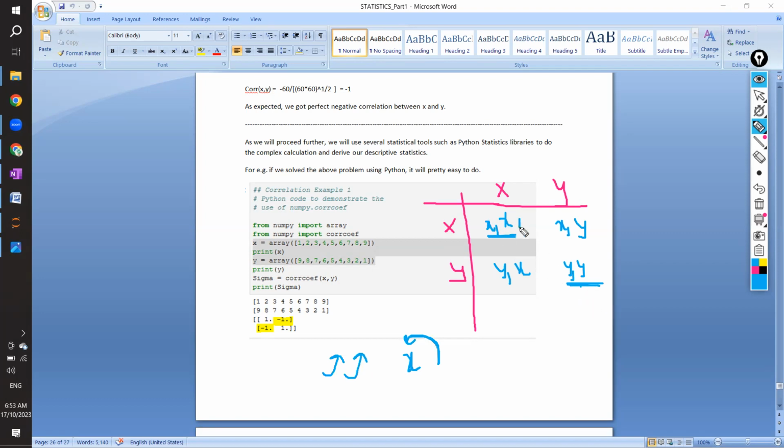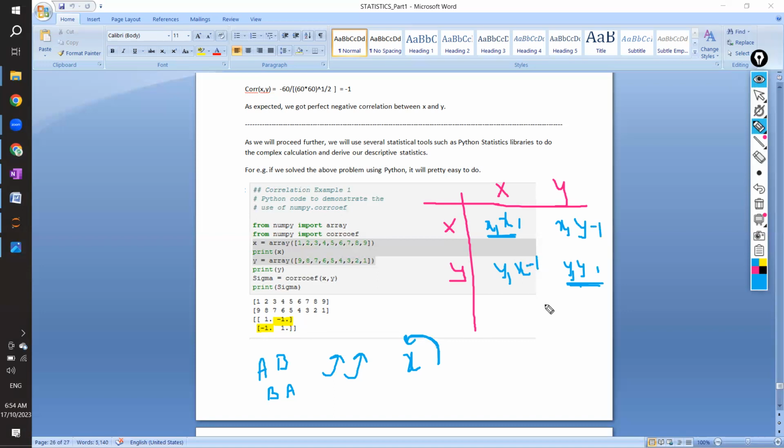This will be 1, this will be 1. Now here, this is the correlation of X with respect to Y, and here Y with respect to X, so both will be the same. Correlation of A and B is the same as correlation of B and A. This value will be -1, and if this is -1, this will also be -1.